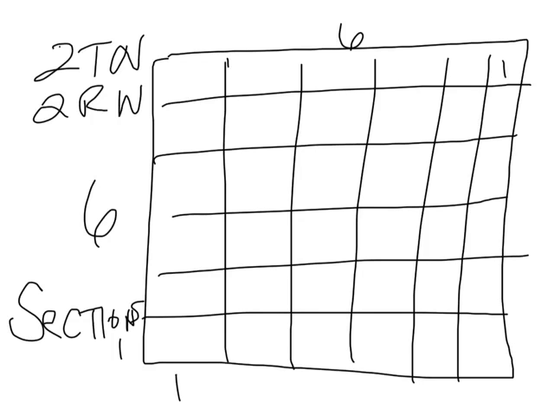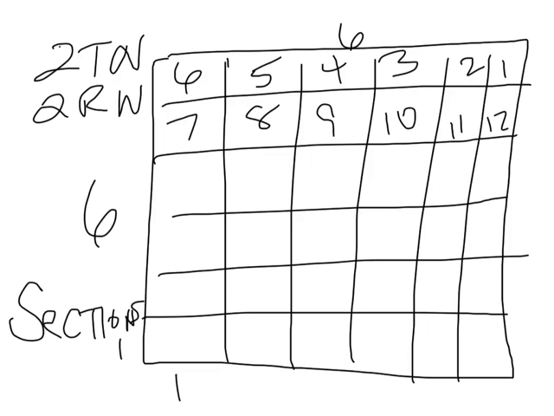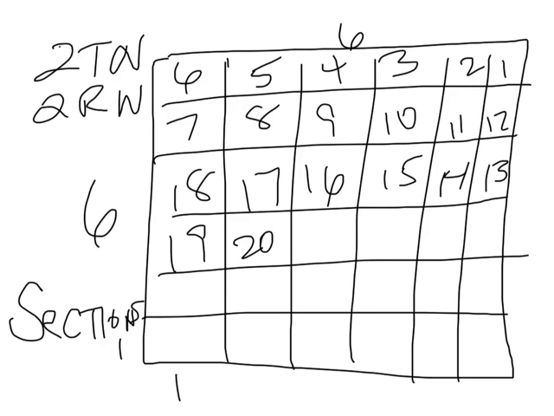They are numbered starting in the upper right hand corner. 1, 2, 3, 4, 5, 6, and then they turn around and went back the other way. Remember, these were done on foot, so they didn't want to pick up their stuff and walk back. They just turned around and went the other way.